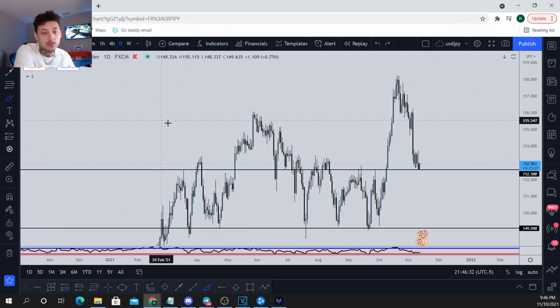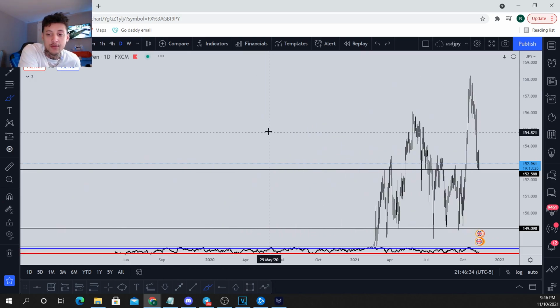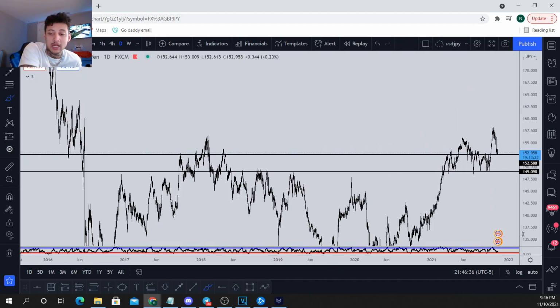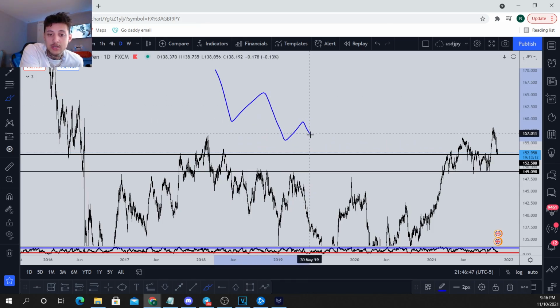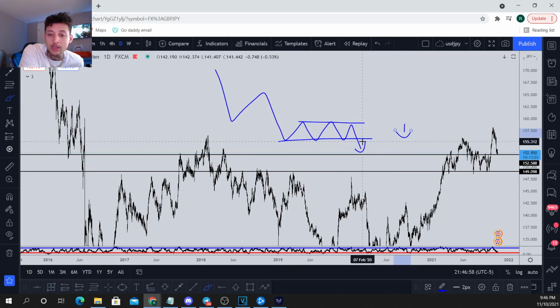Now, one thing that I also want to go over, which is worth mentioning, are the different types of pullbacks that I didn't mention in the last video. So in some market conditions, when price is trending, let's say you have a bearish trend where price is making lower lows and lower highs, and then you see price just start to consolidate, right? The probability for price in this situation is going to be a lot higher for price to continue to actually trade lower along with the trend.